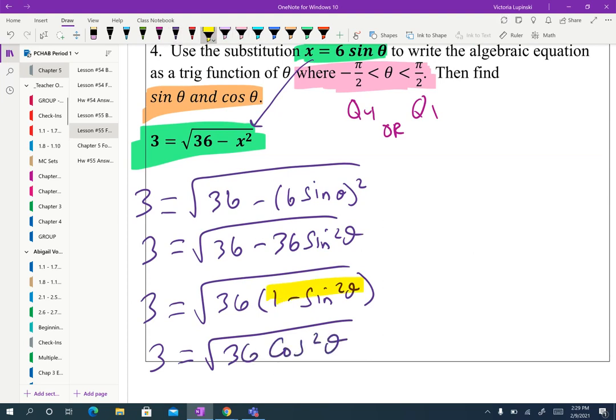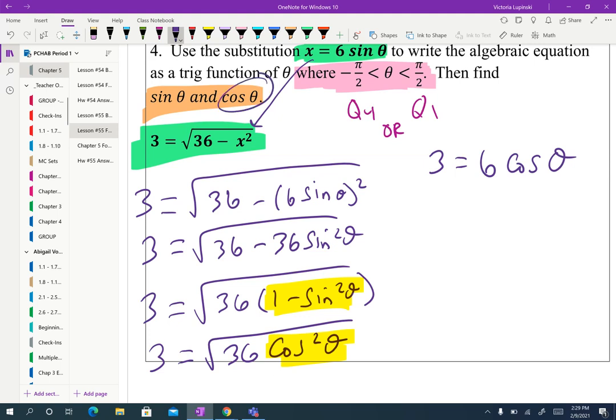And again, the reason why I'm allowed to make that substitution is because of the Pythagorean identities. Then finally, the good news is that the square root is going to be gone in the next step. I'm going to be able to say that 3 is equal to the square root of 36 is 6 cosine of theta.